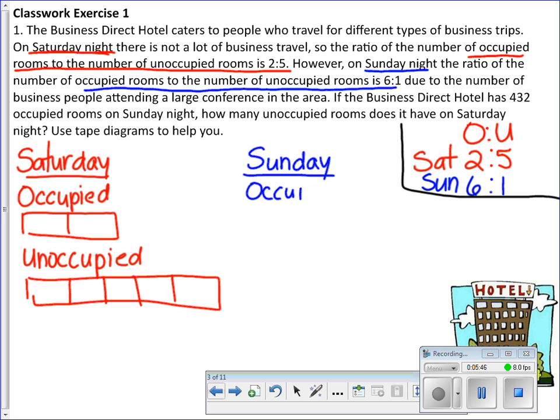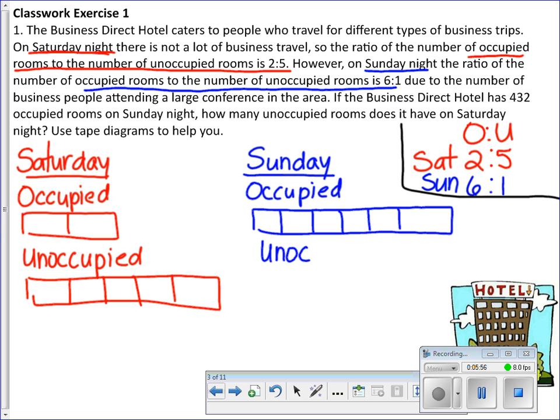Occupied was 6. And unoccupied was 1. So now we have our 2 tape diagrams.